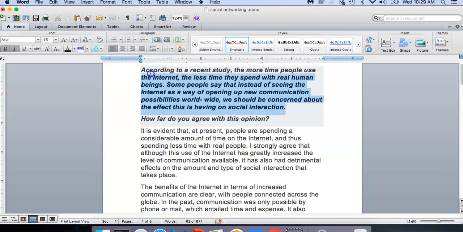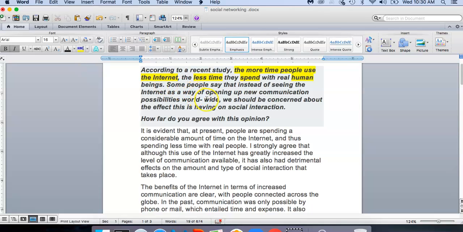So what I do when I read a question like this, because there are so many words, I try to find important words. Okay, so more people use the internet. Okay, that's the important word. They spend less time. Okay, so less time spent with humans. Okay, so you see how I'm just highlighting the important words because not everything is important.